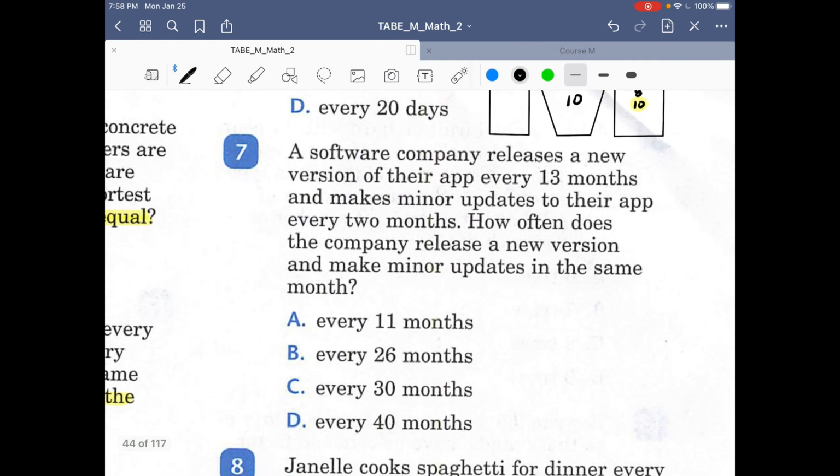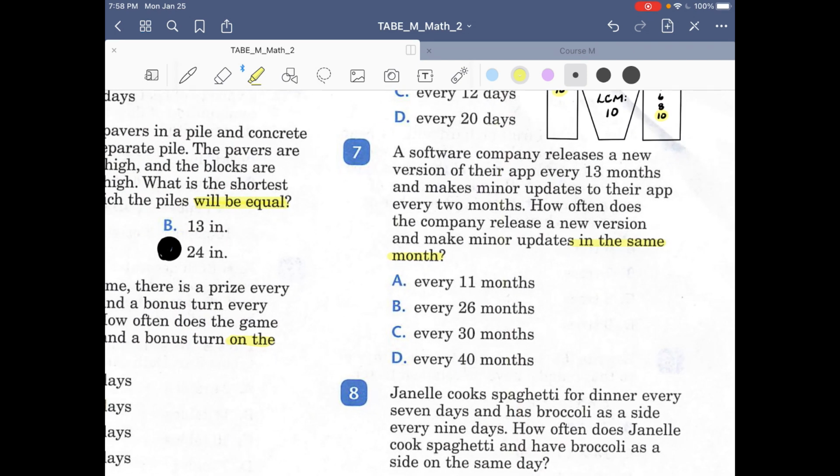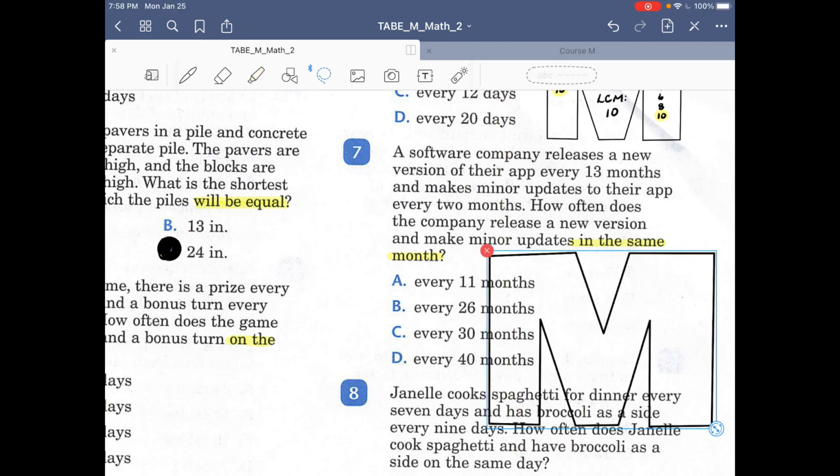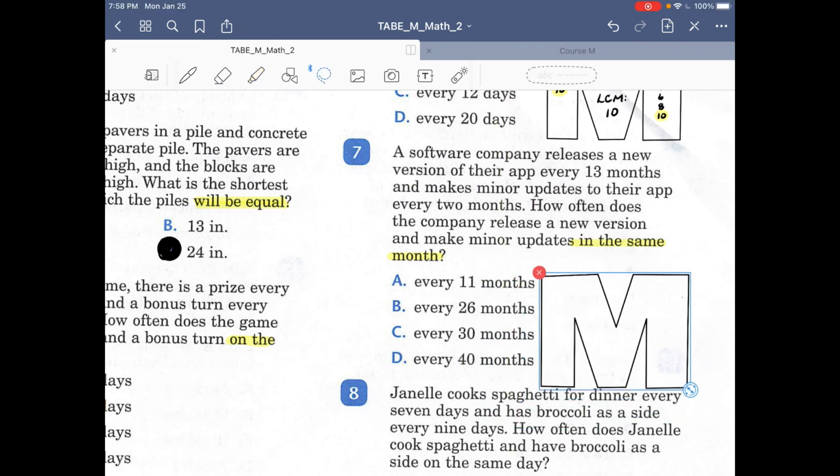A software company releases a new version of their app every 13 months, and makes minor updates to their app every 2 months. How often does the company release a new version and make minor updates in the same month? So we're going to do least common multiple.